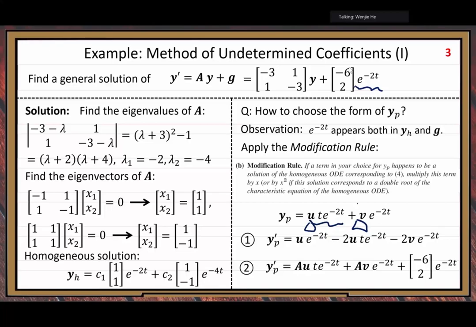Guess the structure. So two different representations for yp prime vector, and they should be the same. These two right-hand side expressions should be the same. So we equalize these two formulas so that we can find new equations for u vector and the v vector.